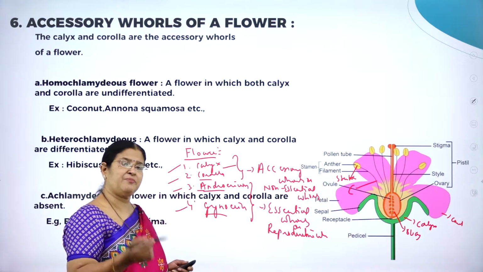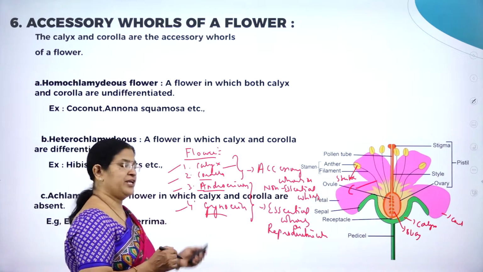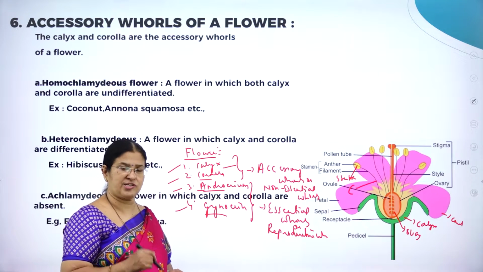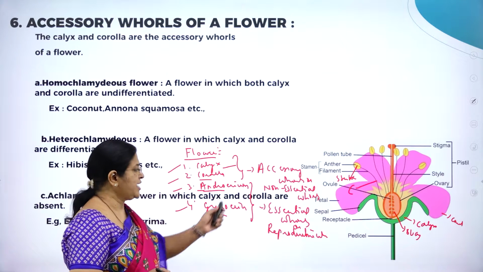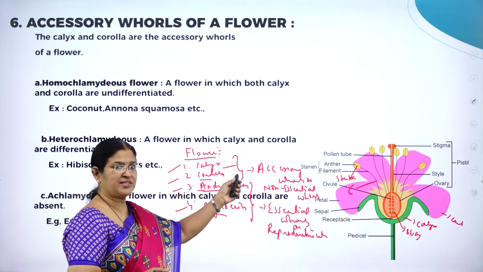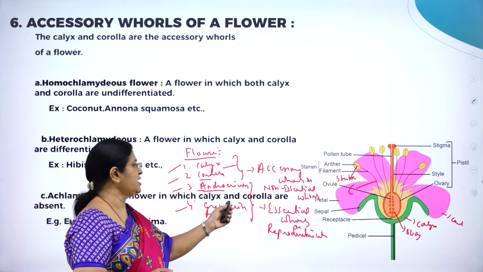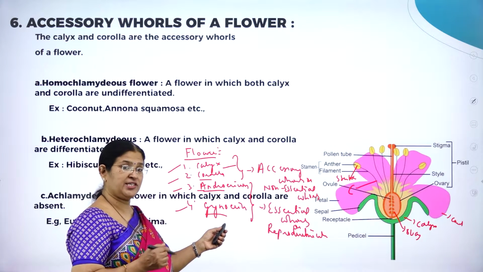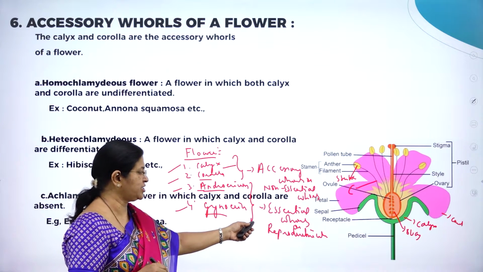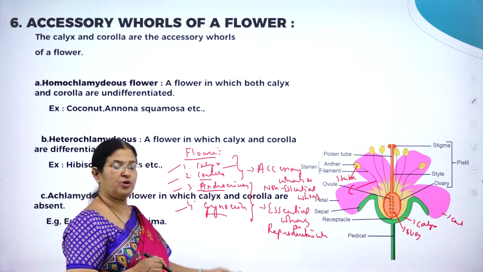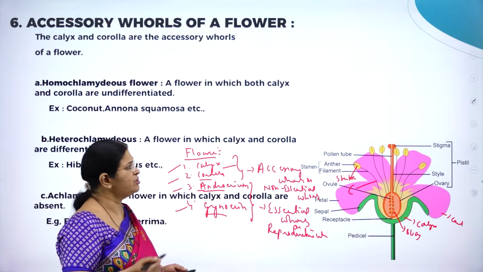Whereas androecium is the male reproductive organ and gynoecium is the female reproductive organ, the structures which are going to take part directly in the process of reproduction. Hence, these two are called accessory whorls or non-essential whorls, and androecium and gynoecium are called essential whorls because they are going to directly take part in the process of reproduction, or they are otherwise called reproductive whorls as they are the main reproductive structures.